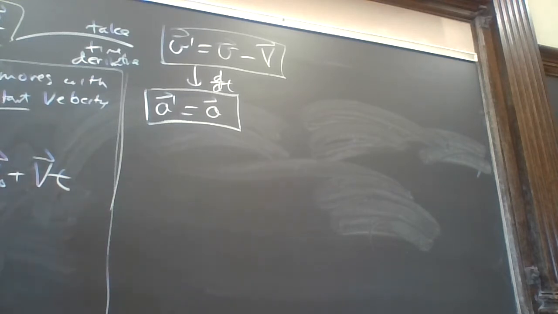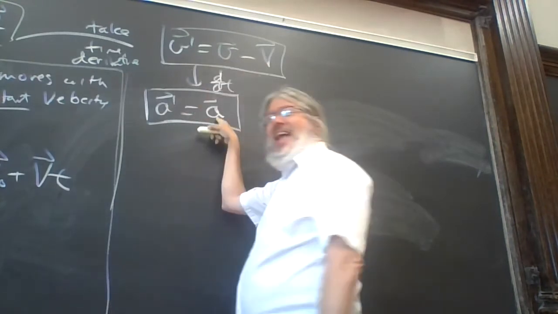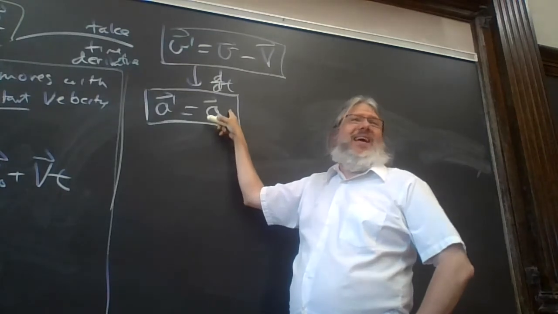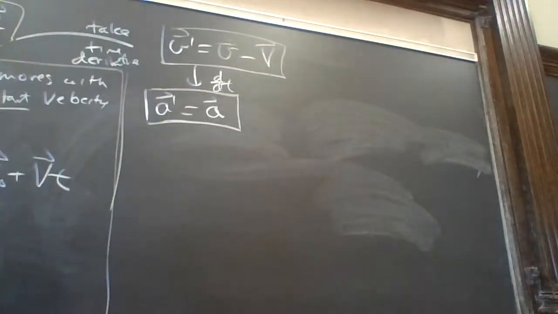Okay. And by the way, the fact that the answer does not change if I go from one reference frame to the other is known, in the language of physics, as being invariant. In other words, the acceleration is invariant in Galilean relativity. Right?